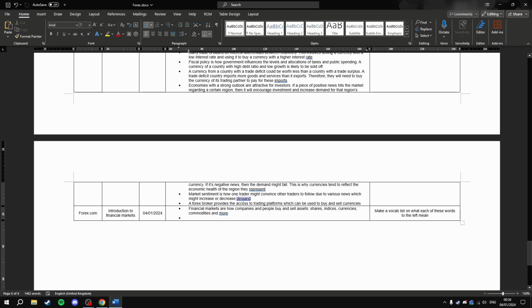Interesting. So shares, which is also known as equities or stocks.